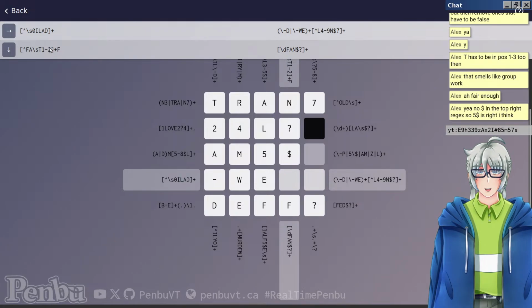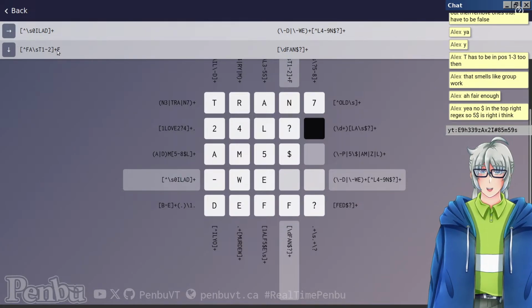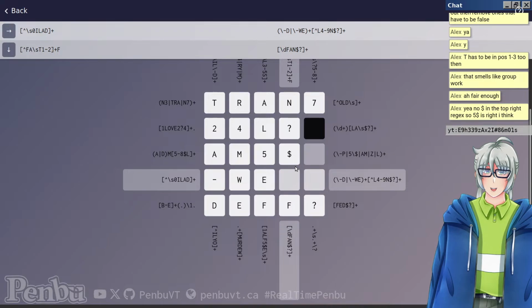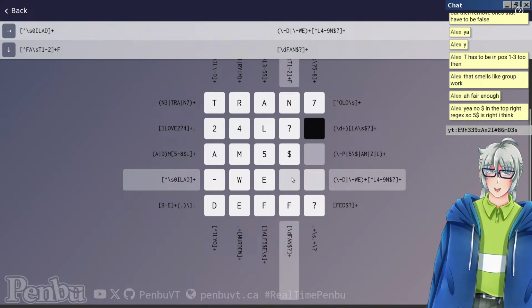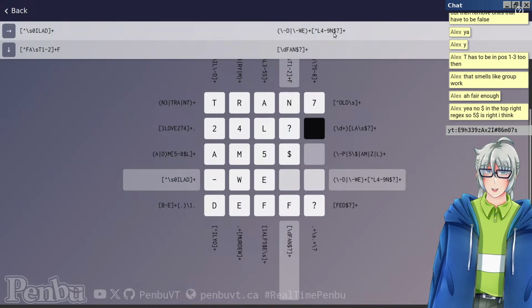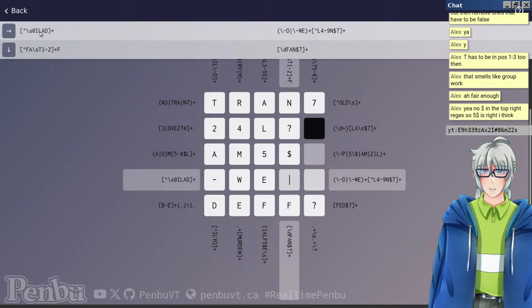Not an F, because it can't be an F. Is it an A? It can't be an A, because there's one there, so this is an N. It can't be an N, because you can't have an N there. Is that positionally correct? I think it has to, because it's either... Yeah, we can't do a D there.